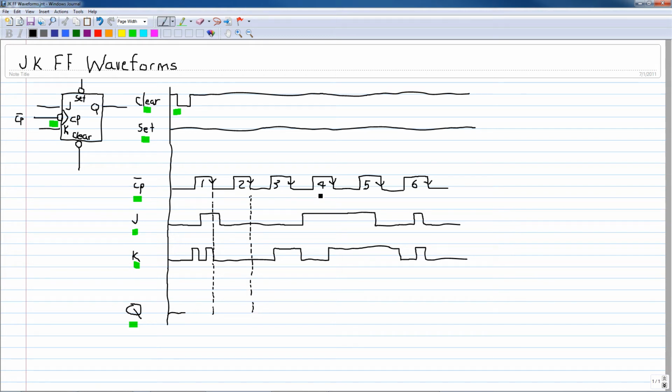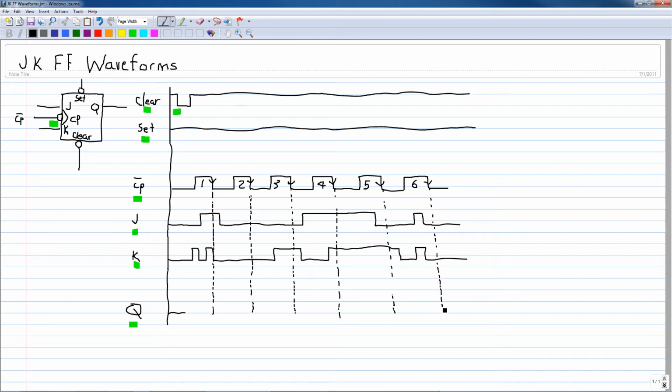Alright, so we're going to look at the negative going transition of each one of the clock inputs. And we have 6 of them here. Alright, this will be number 5. And then finally, we have number 6.